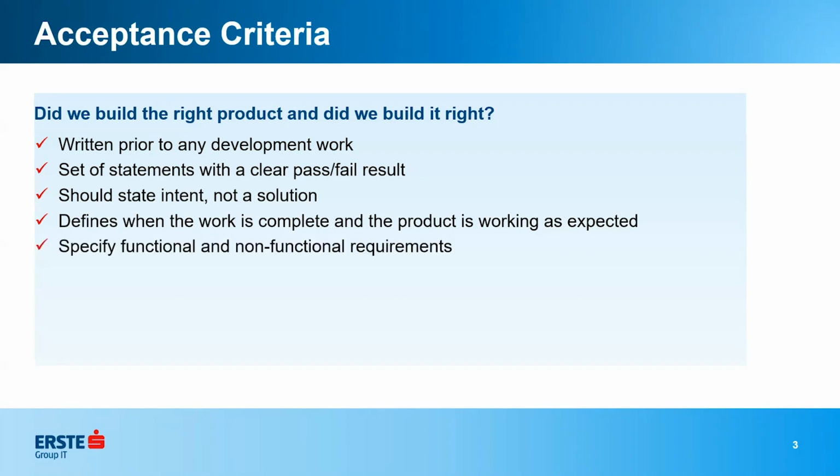And they specify functional and non-functional requirements. And I'll say that with the non-functional requirements, there's a little caveat, because the non-functional requirements that would be in a story would be things that your particular team can test. The non-functional requirements would be like speed, accessibility, security, information, things like that.